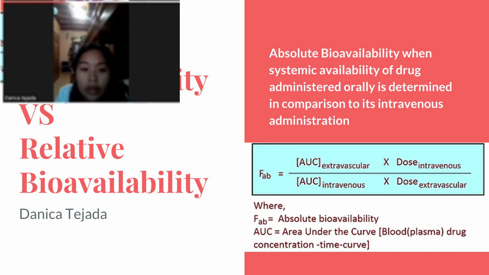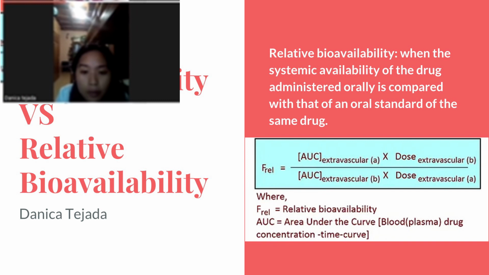So in relative bioavailability, it is when the systemic availability of a drug administered orally is compared with that of an oral standard for the same drug. Like for example, Brian suffers from breathing problems when he plays football.